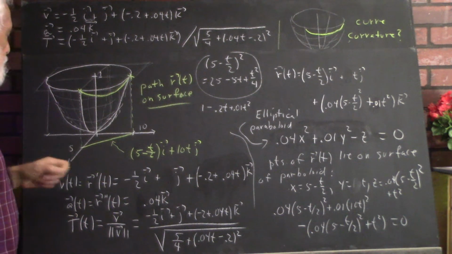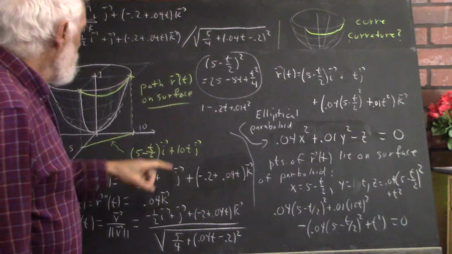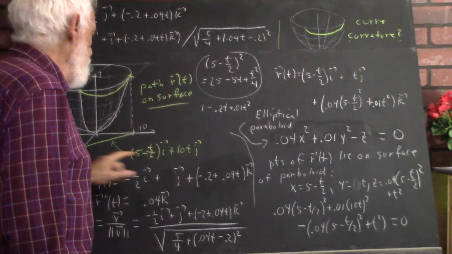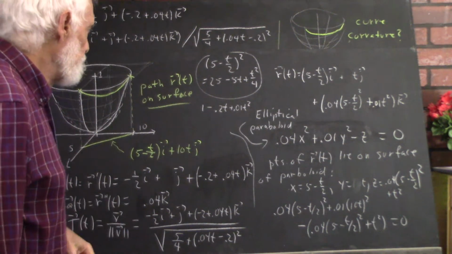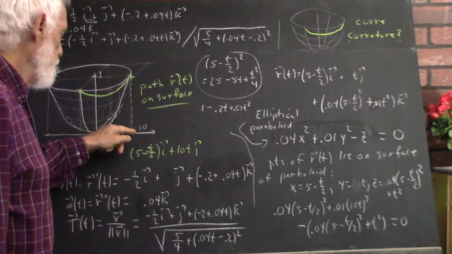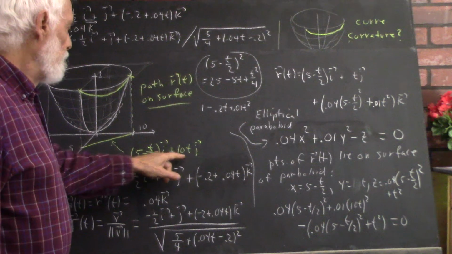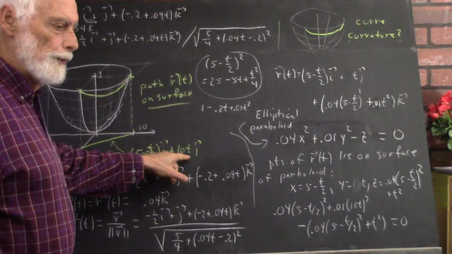There's a picture. Now, the path r of t confined to the xy plane, if we let the z component, the k component, equal 0, is the path from here to here. These are linear functions. x is a linear function of t, y is a linear function of t.